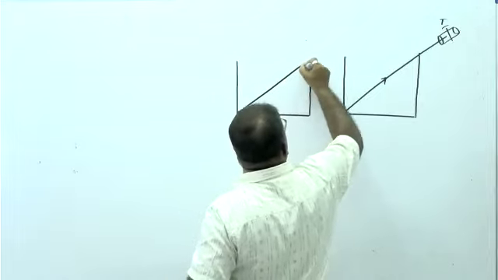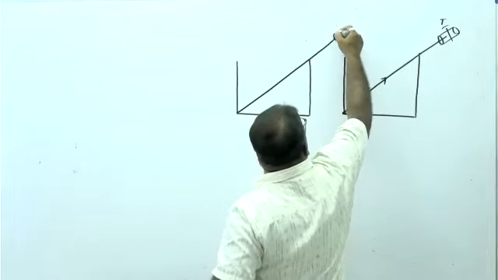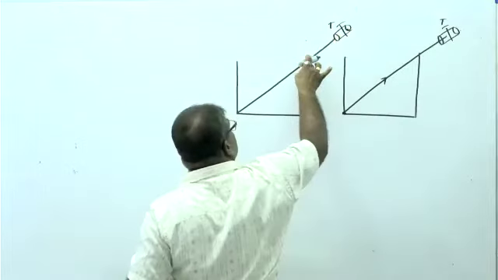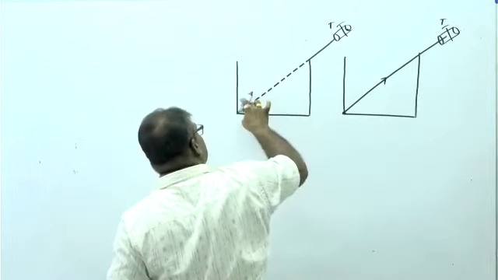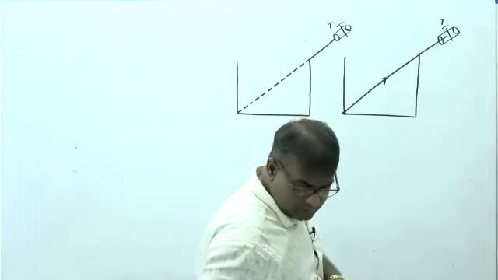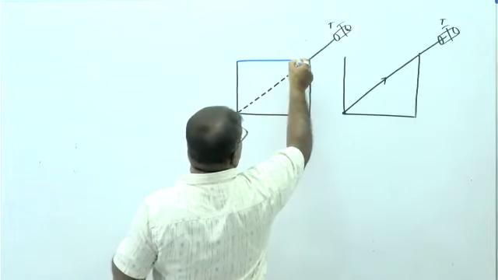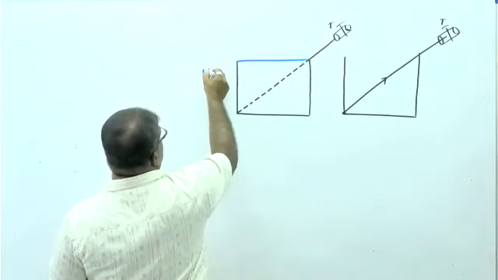Initially, it is located right here, T. Now this is completely filled by a liquid of refractive index 1.5.